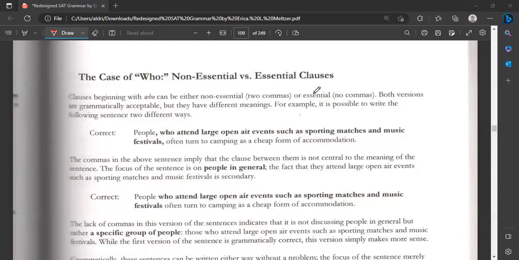So both versions of the word who can be grammatically acceptable, but they may have different meanings. So we're going to look at an example down here. The word who can be used essentially, with no commas, or non-essentially with two commas, or two dashes, or a pair of parentheses.